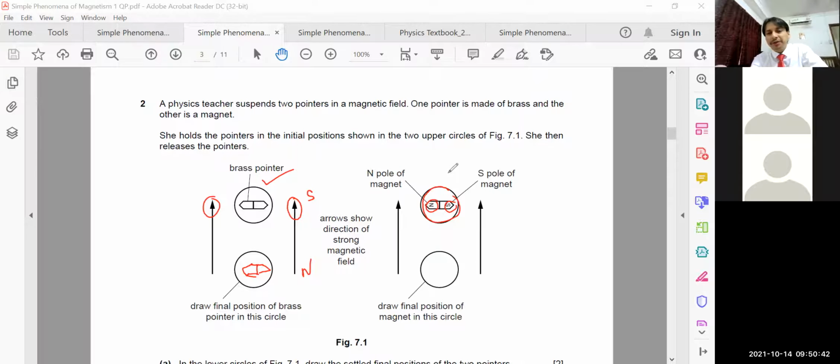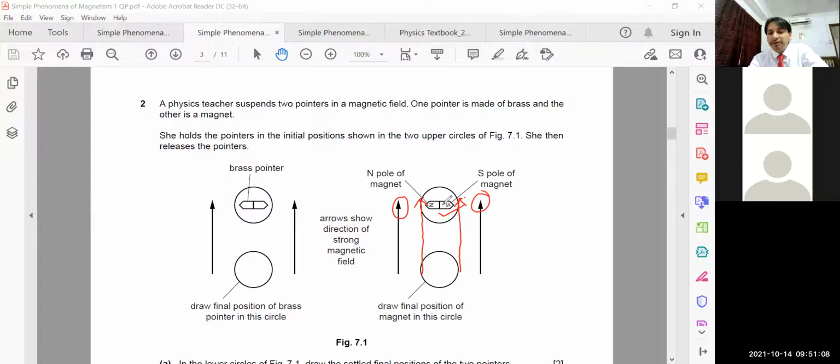Magnet, you can consider that it's a magnetic compass. So north and south pole is there. Magnet is placed in a uniform magnetic field, or even you can put more lines here. The diagram is like that. And how will this magnet settle?